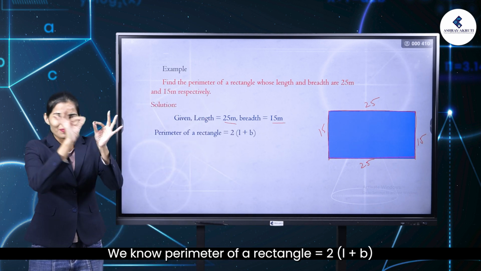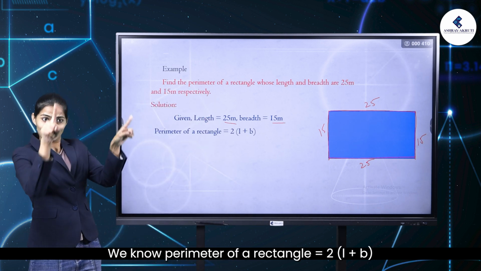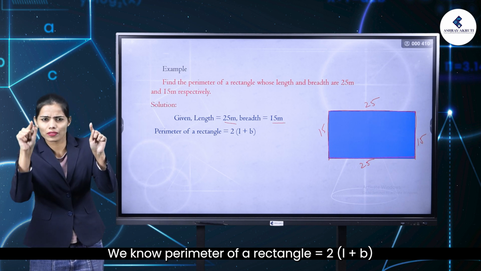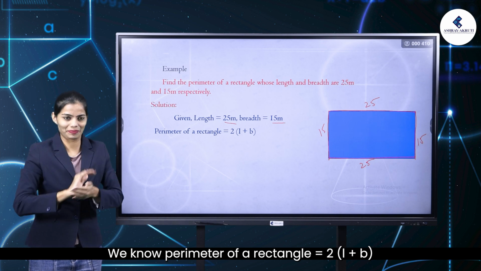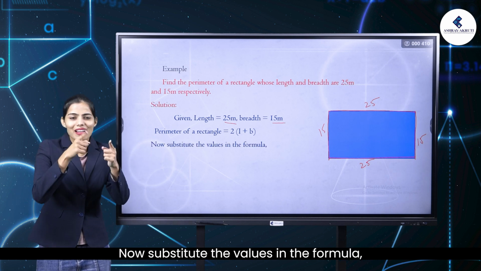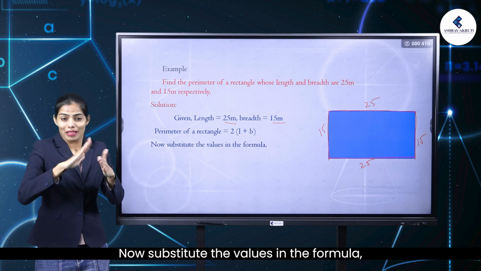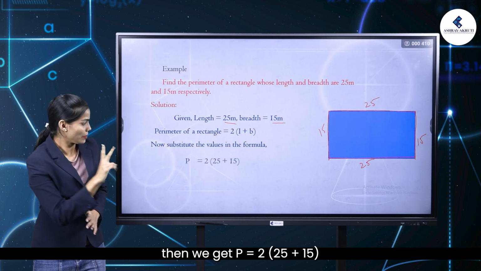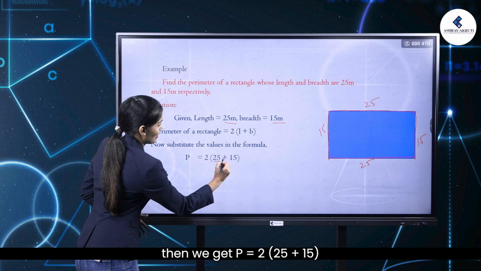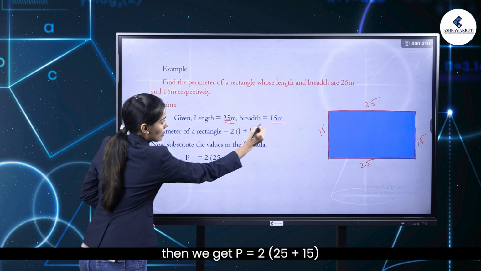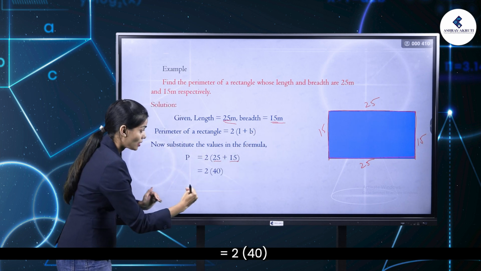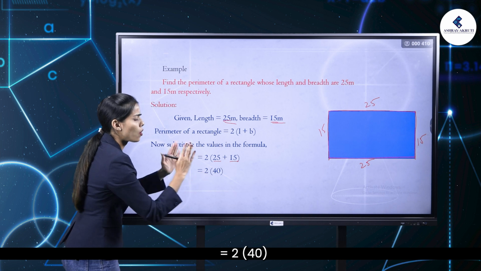We know the perimeter of a rectangle is equal to 2 into (length plus breadth). Now substitute the values in the formula, then we get P is equal to 2 into (25 plus 15), is equal to 2 into 40.